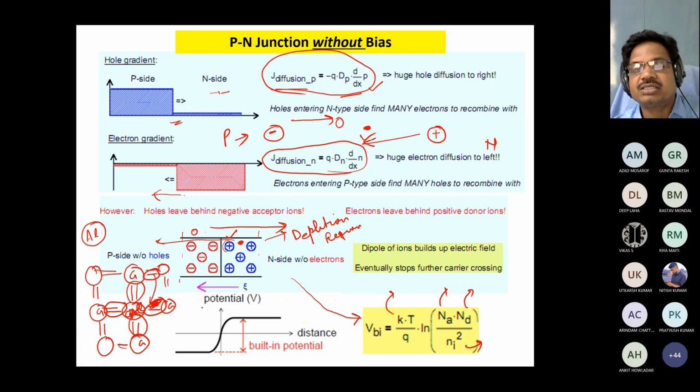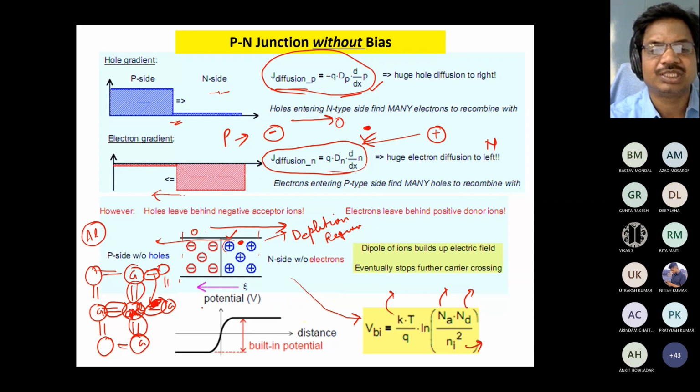So now, could you understand what is meant by this barrier potential or built-in potential? Yes, sir. And you could understand what is the depletion region, and what is diffusion after the formation of the PN junction.